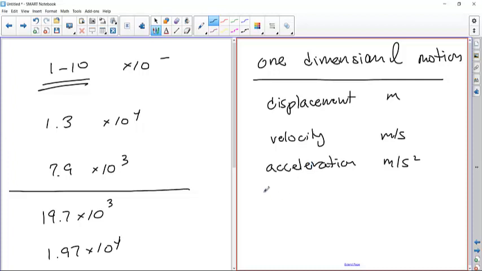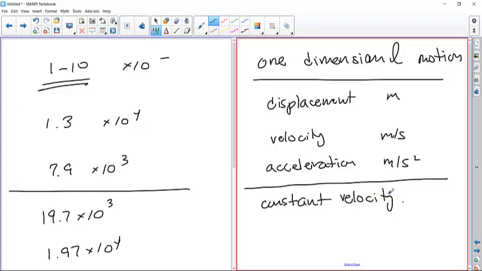And then we're going to concentrate on two special cases, which is constant velocity. In constant velocity situations, displacement changes, but the velocity doesn't change, and the acceleration is zero. So this is kind of like something driving along the road at a constant speed. How do you calculate how far something goes in a certain amount of time?